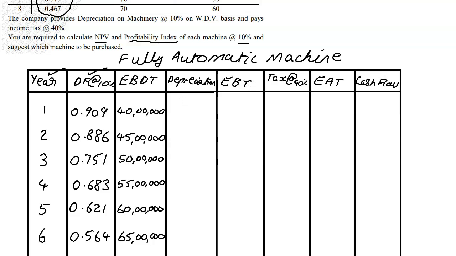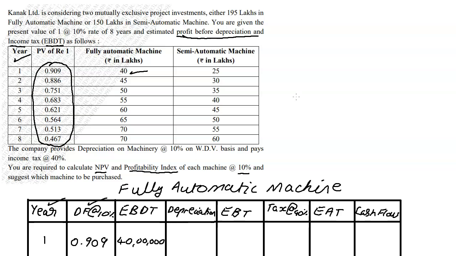Now, I need to calculate depreciation, and depreciation isn't directly given to us. They have told us that the company provides depreciation on machinery at 10% on written down value basis. Written down value basis means I can't take 10% of 195 lakhs, which is the cost of the fully automatic machine. Remember, for semi-automatic, you have to do it with 150 lakhs.